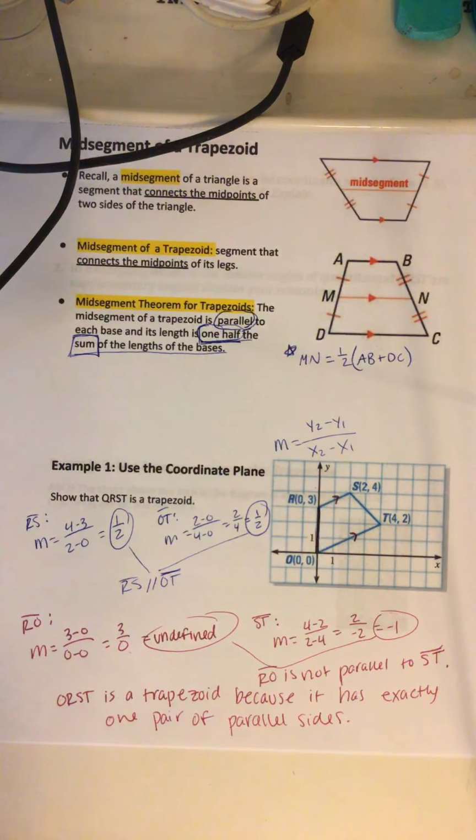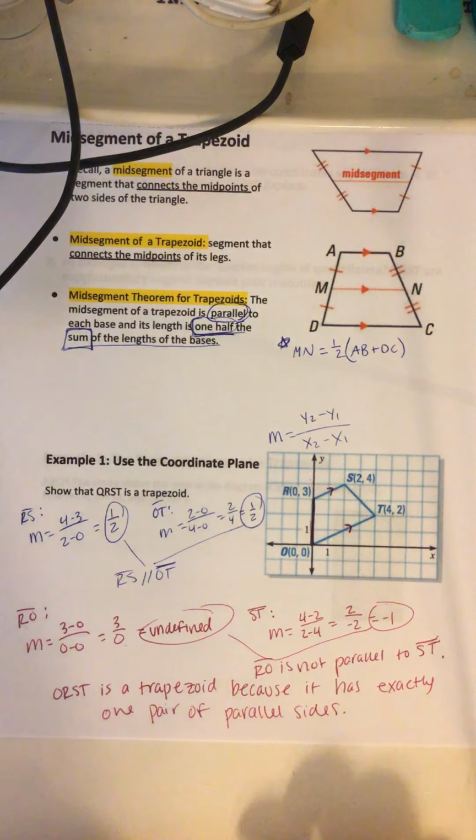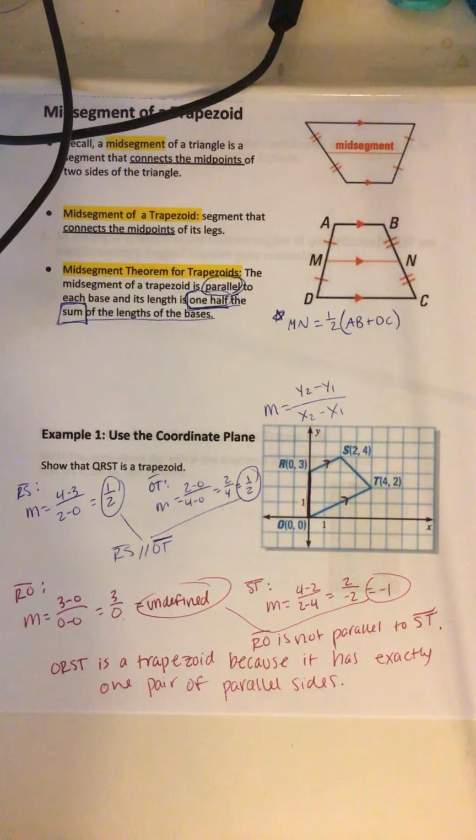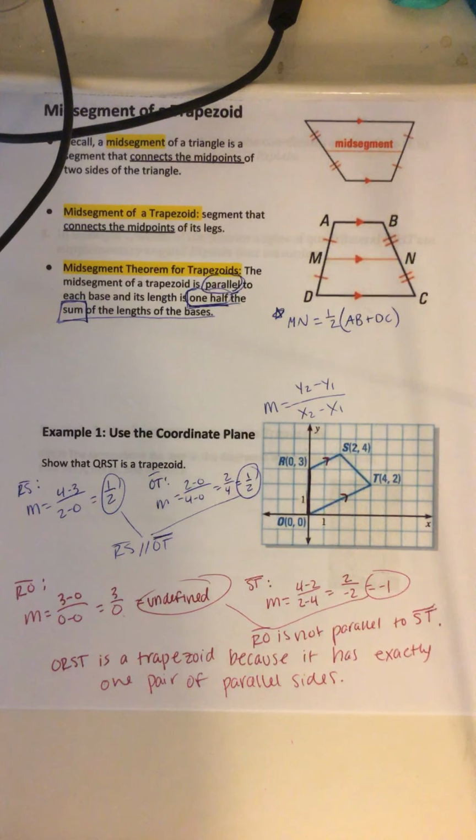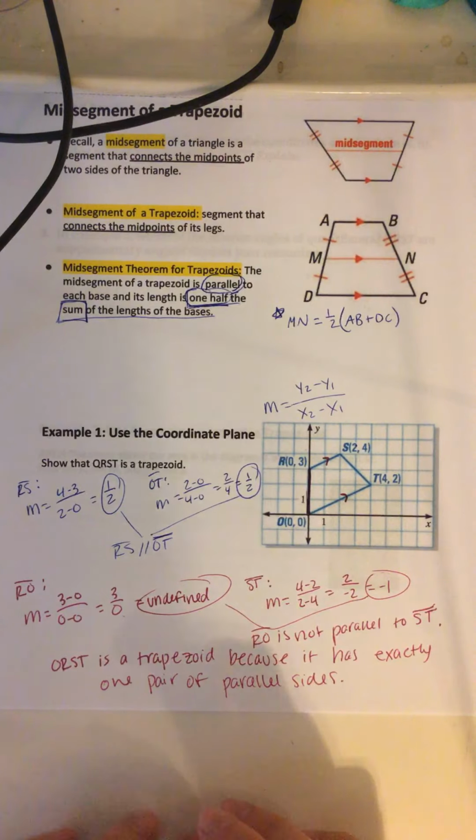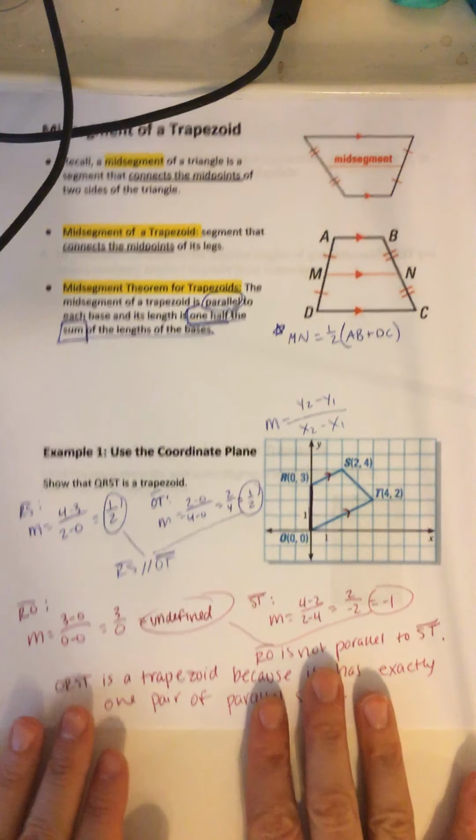And that's the gist of just working with normal trapezoids. Nothing fancy. We're not using isosceles trapezoids quite yet. That's kind of the gist of that. Just using a lot of slope formulas showing that some sides are parallel and the others are not.